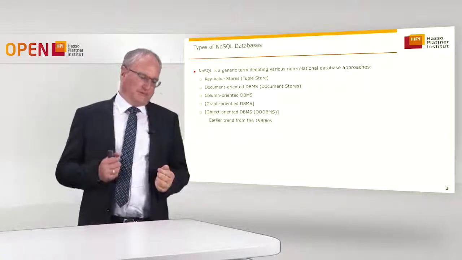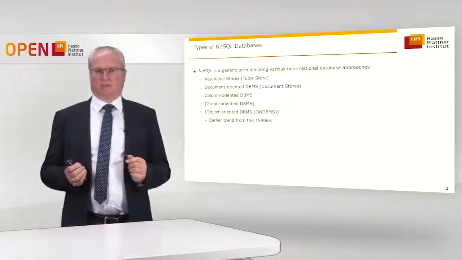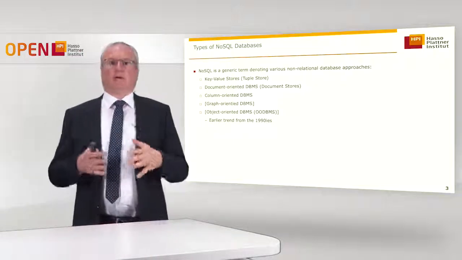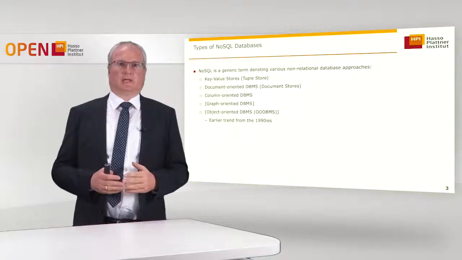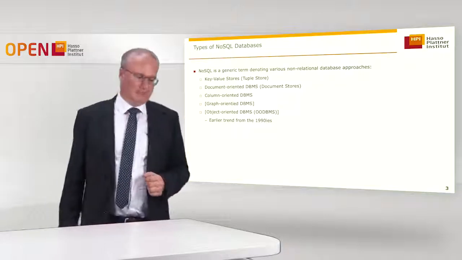So the concepts are there, but these kinds of databases are a bit special and do not play such a big role anymore today. So we will not further discuss graph-oriented and object-oriented databases in this lesson.